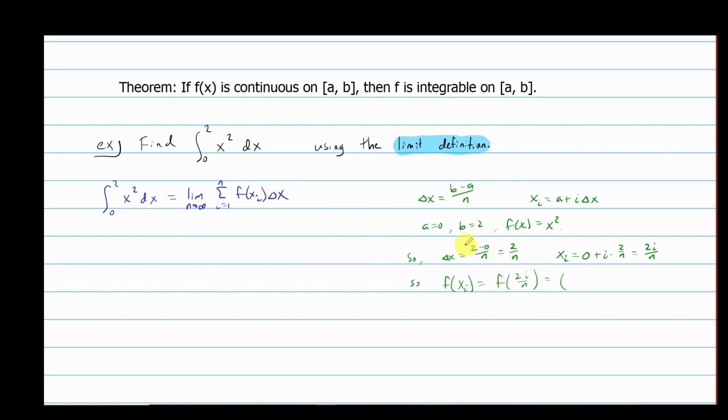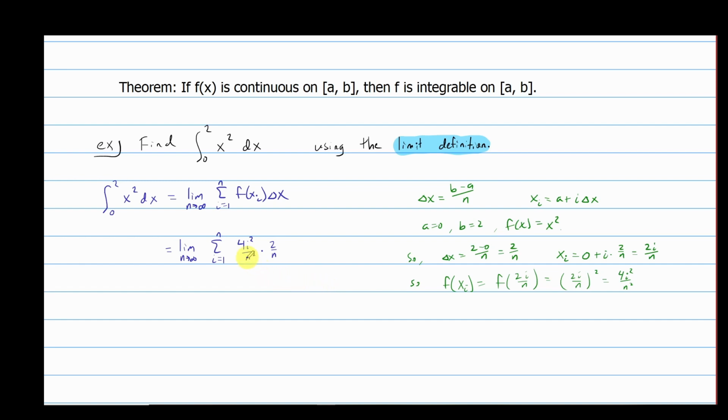Since my function is x squared, this will be (2i over n) squared, which is 4i squared over n squared. Okay, so let's plug in our pieces. So we have the limit as n goes to infinity of the sum from i equals 1 to n. f of x_i we just found was 4i squared over n squared, and delta x is 2 over n.